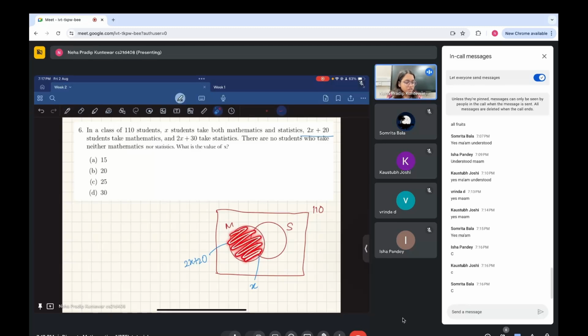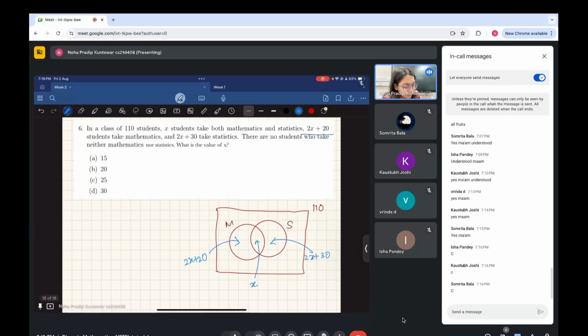What I mean by 2x plus 20 is that it is the whole area and not just the area outside the intersection. Additionally, you know that there are no students who take neither maths nor statistics, so the area outside is completely empty, and you are asked to find the value of x. I'll let you think about it for a couple of minutes and we will discuss.